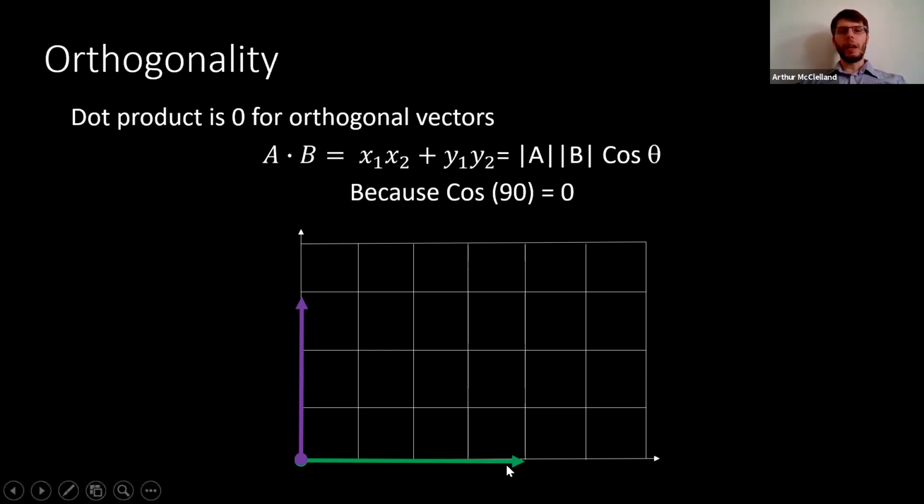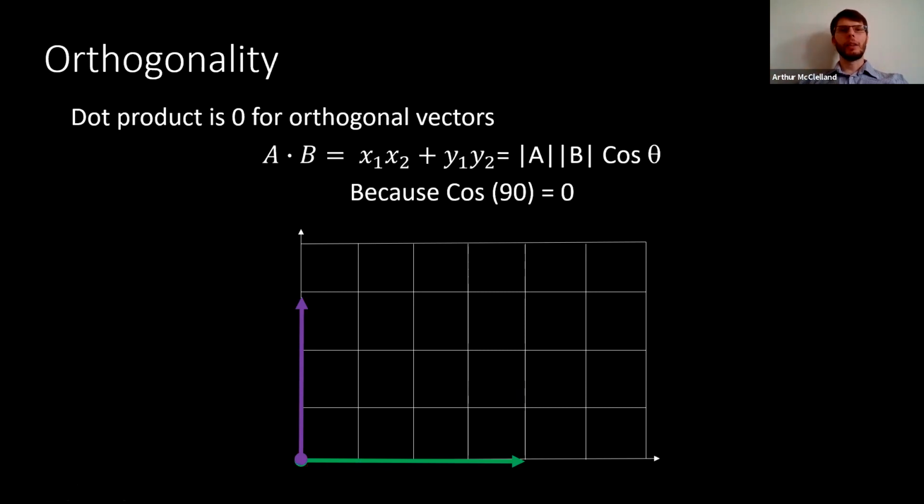When we have just 2 dimensions, we have x and y. If this is a vector purely along x and this is a vector purely on y, there's no way I can express the purple vector as some part of the green vector. They are completely independent, and it's easy to see graphically in lower dimensions. In higher dimensions, it gets very hard to think about, to see.